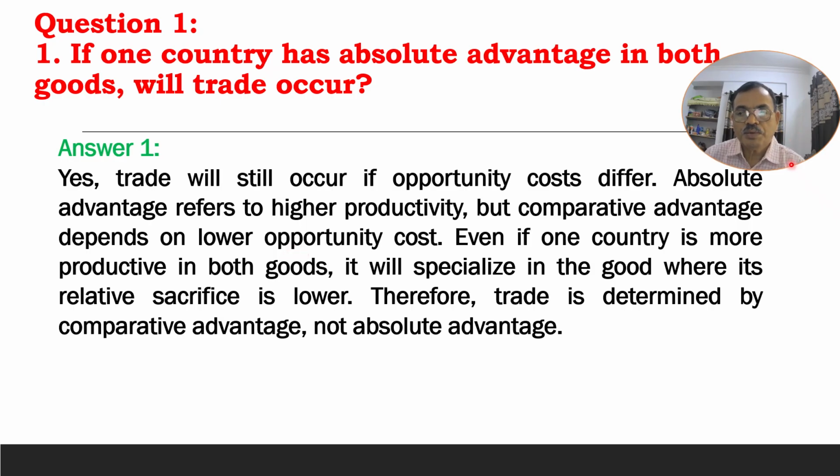Even if one country is more productive in both goods, it will specialize in the good where its relative sacrifice is lower. Therefore, trade is determined by comparative advantage, not absolute advantage.